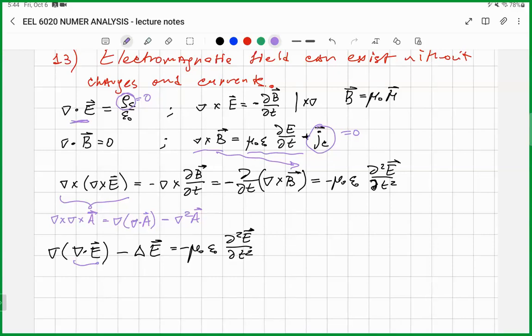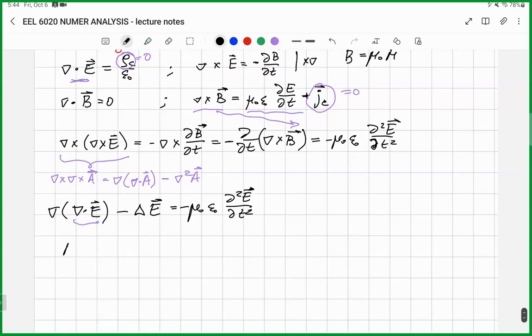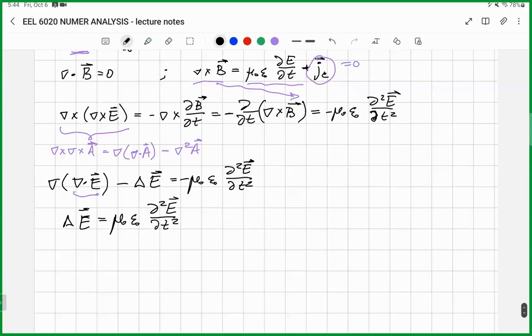So this part vanishes, and I get the result, which is that the Laplacian of electric field is equal to mu 0 epsilon 0 d2E over dt2, right? So it is exactly the wave equation.